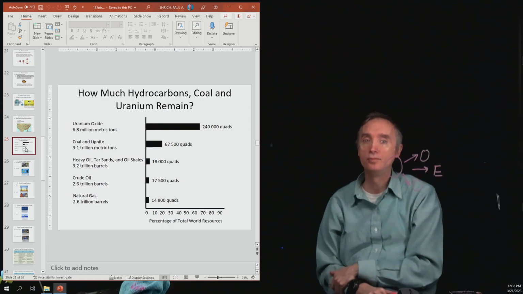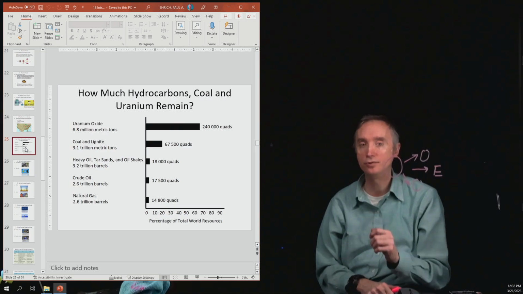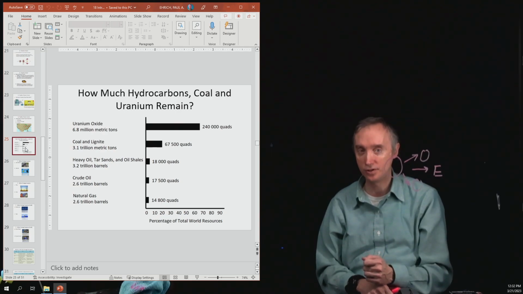Okay, so how much hydrocarbons, coal, and uranium remain? How much do we have to work with? You will notice that the units for the amount of energy are in quads. We've already defined what a quad is, and it is a large amount of energy.